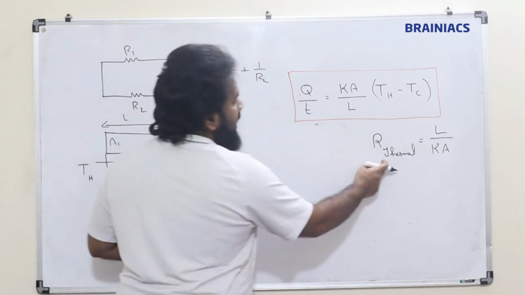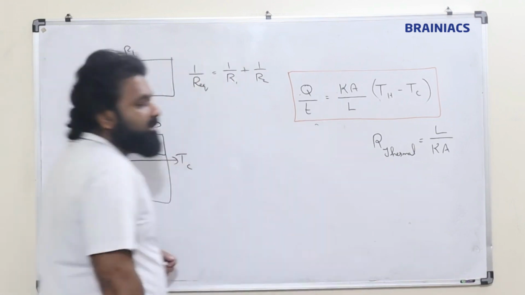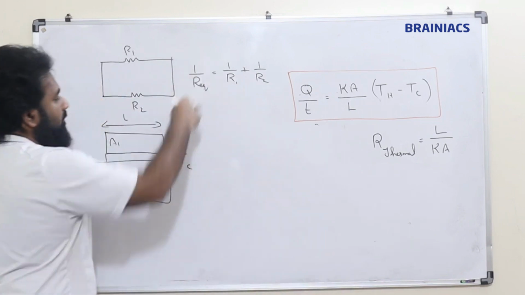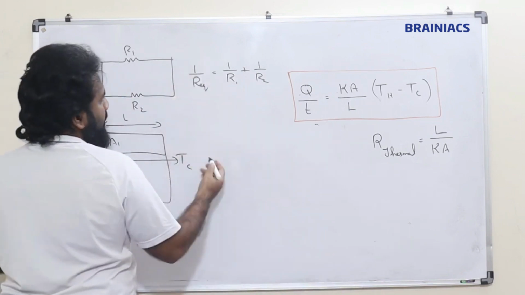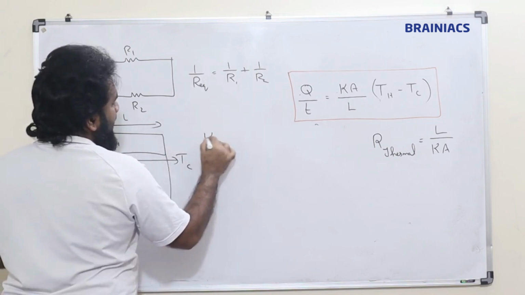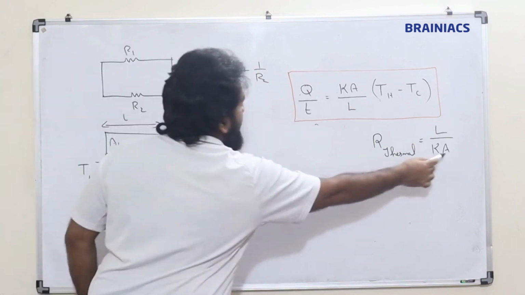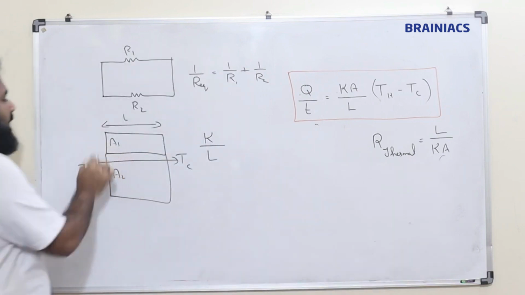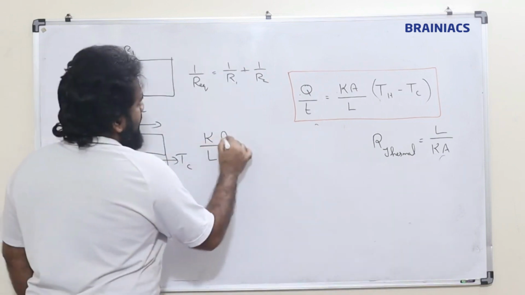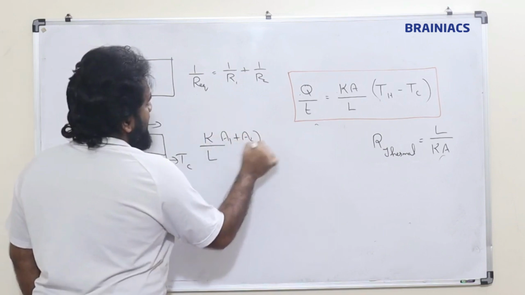So thermal resistance is L by KA. If we take its reciprocal, it is going to be K divided by L, and instead of area we take A1 plus A2.